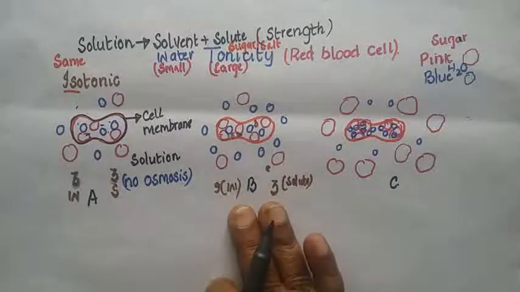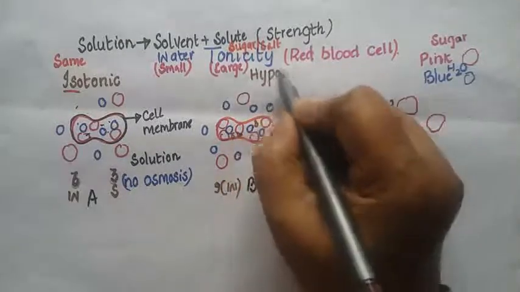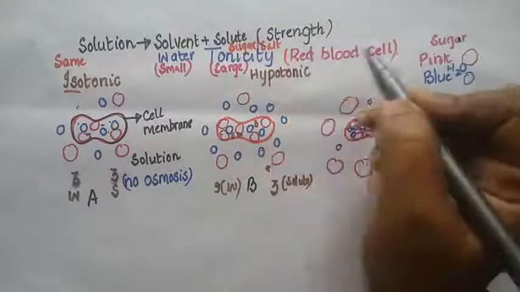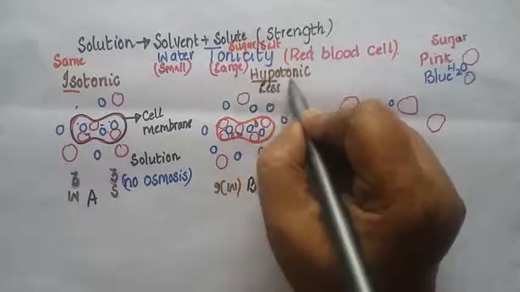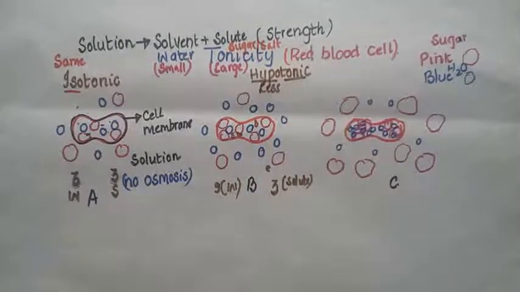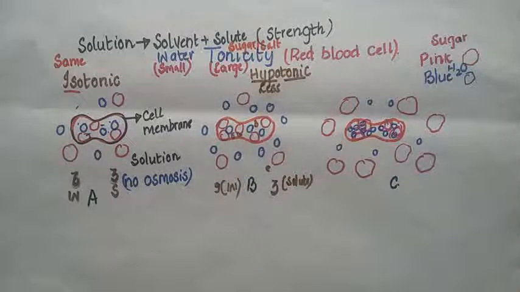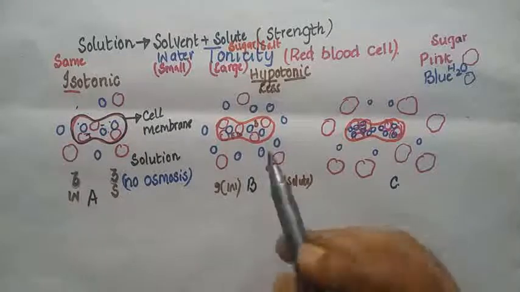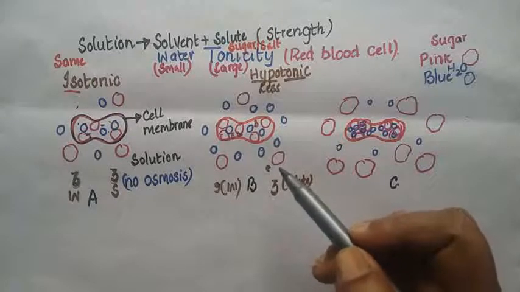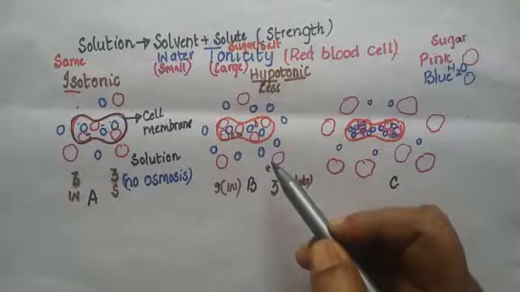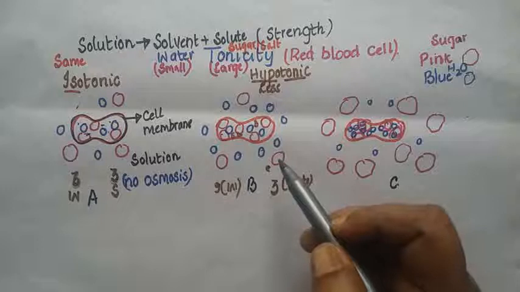Such a solution we name as a hypotonic solution. Hypo refers to less, tonic refers to the strength. So here the strength of the solution is very less, pertaining to the solute molecules. Since the number of solute molecules is very low outside and there is more water, we call it a hypotonic solution.